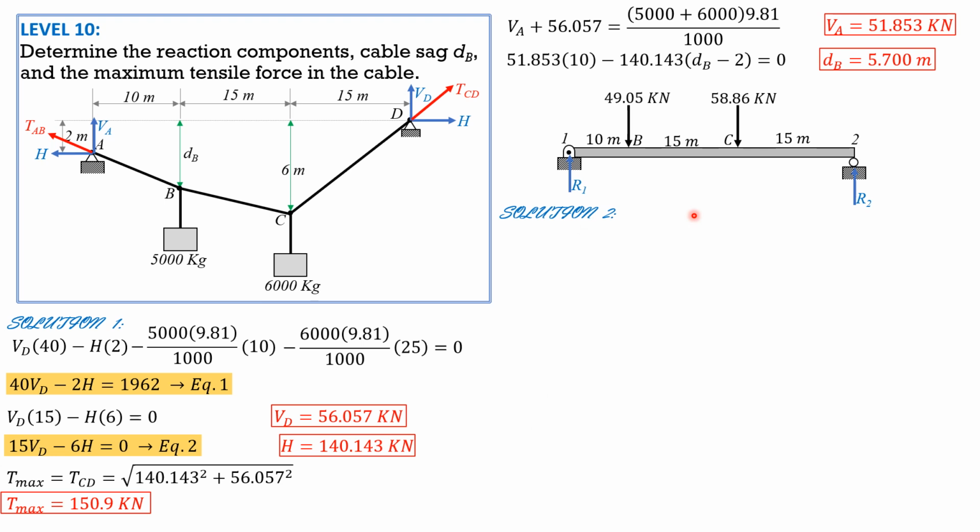Then we have to solve for R1, summation moment about R2 equal 0. R1 times 40 equals 58.86 times 15 plus 49.05 times 30. So R1 equals 58.86 kilonewtons.